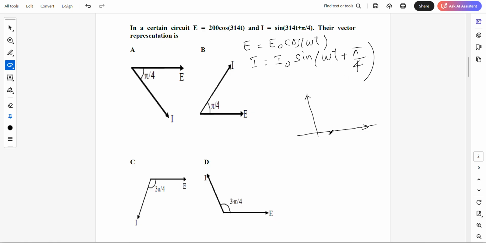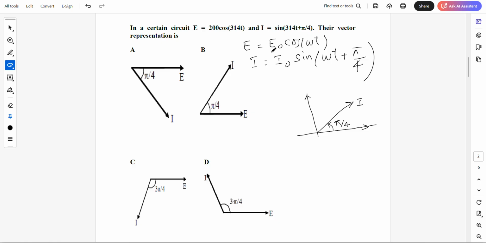It is leading by an angle pi by 4. Therefore, this is the positive x-axis, and I will be at an angle pi by 4 from the positive x-axis, pi by 4 in the anti-clockwise direction. This is what I.